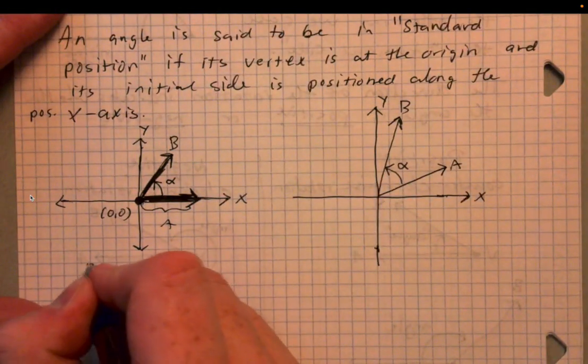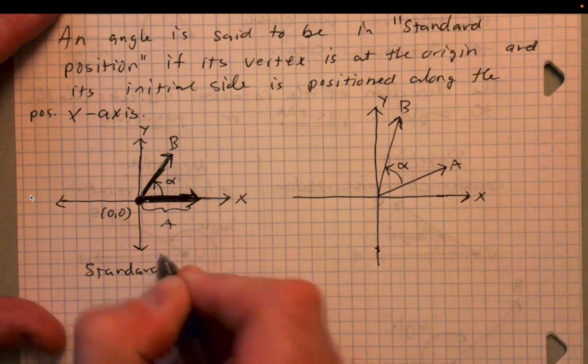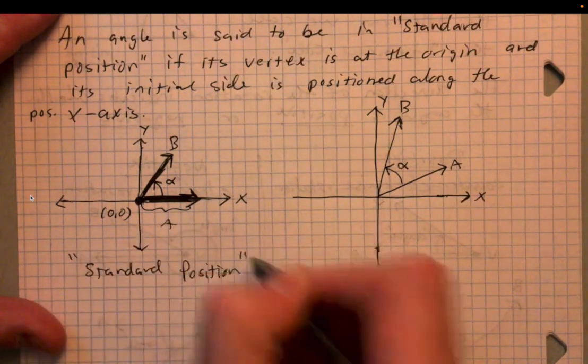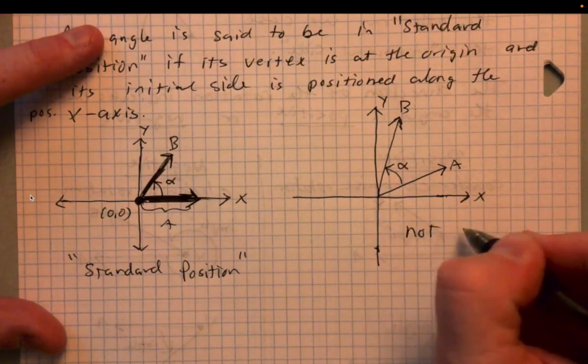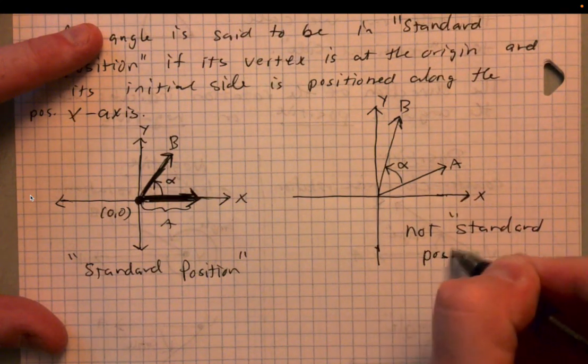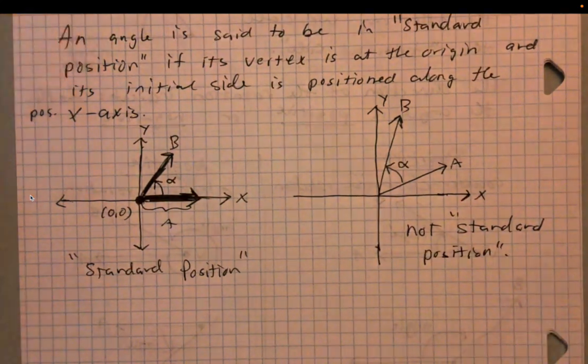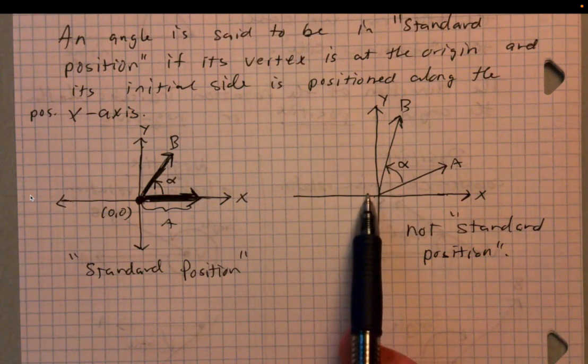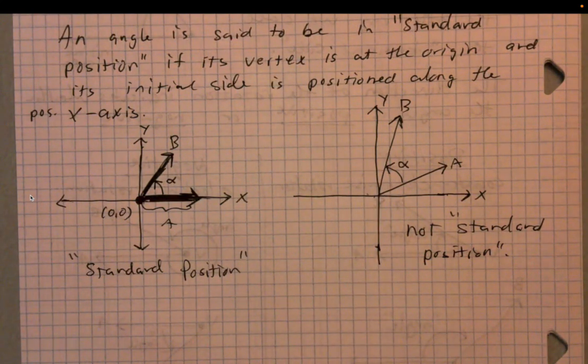So this is standard position, and this over here is not standard position. The vertex is still at the origin, 0, 0, but the initial side, A, is not along the positive x-axis. So this is not in standard position.